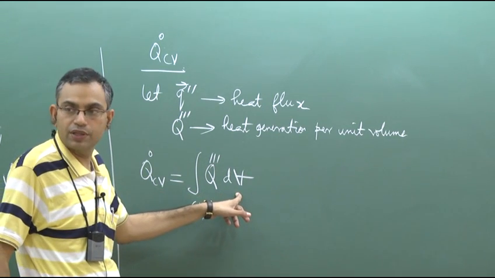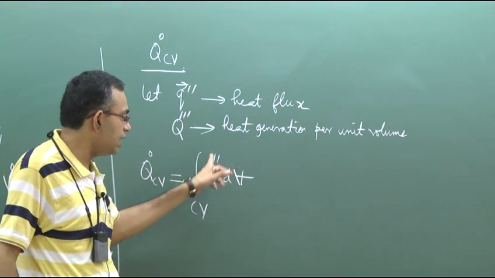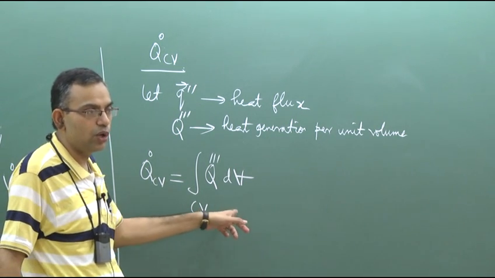So you multiply it with the elemental volume and integrate it over the control volume. So this is for the volumetric part.